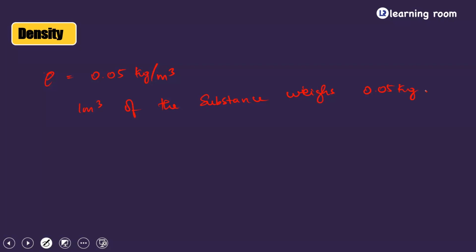Is that clear? That is the meaning of it. 1 centimeter cube weighs how many kilograms? In general, 1 meter cube of the substance weighs 0.05 kilogram. So how much will 1 centimeter cube of the substance weigh?